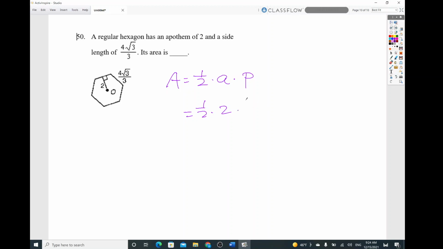And then perimeter, we do know that this one's a hexagon, so 6 sides, equilateral polygon, so it's 4 root 3 over 3 times 6. So 1/2 times 2 is 1. What's left here is just 4 over 3 root 3 times 6. Cross cancel, so we got 8 root 3. This one has no unit, so just leave it as the irrational number.